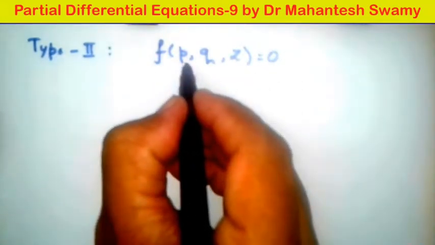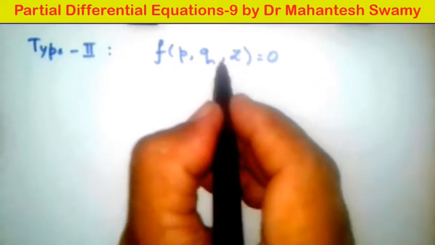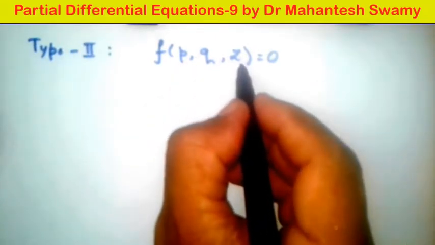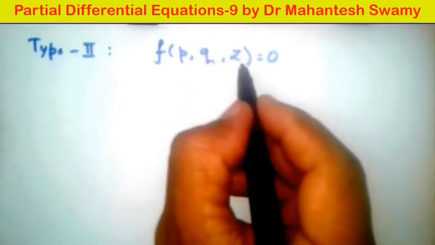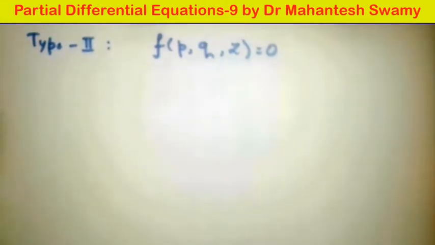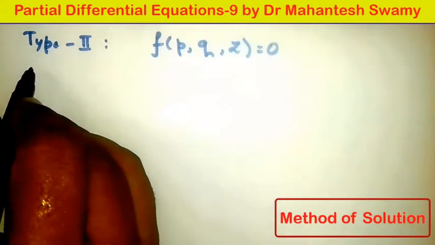We have to observe here that in the given partial differential equation there will not be x and y terms visible. Only p, q and z will be available in the given PDE. In order to solve such partial differential equations we have to make an important substitution. What is that substitution?